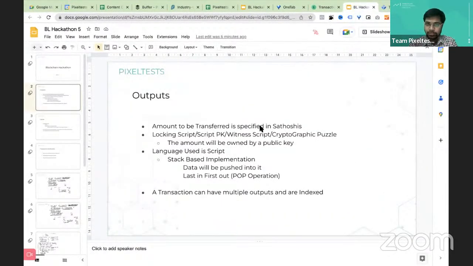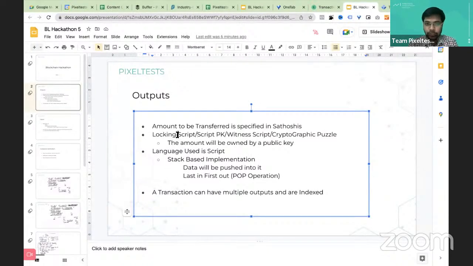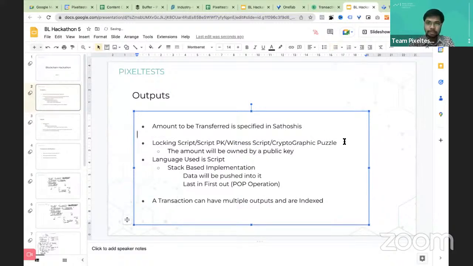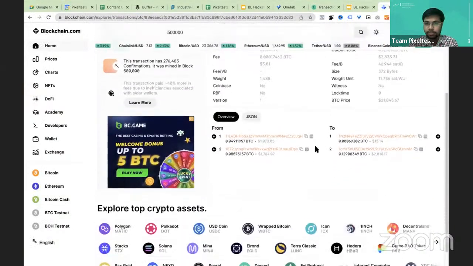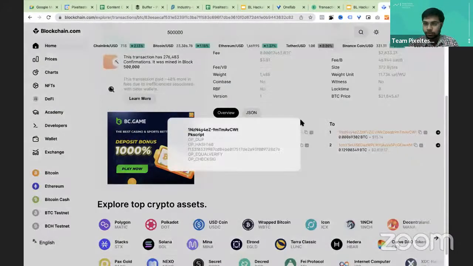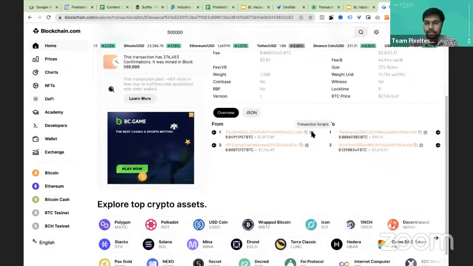So the amount to be transferred is specified in satoshis, and there is something called the locking script, which is also known by multiple names. The professor in his lecture also gives us all the other names, right? It is called a locking script, or a public key script, a witness script, or a cryptographic puzzle. So now you can see that whenever you have an output in a transaction, it has all these properties.